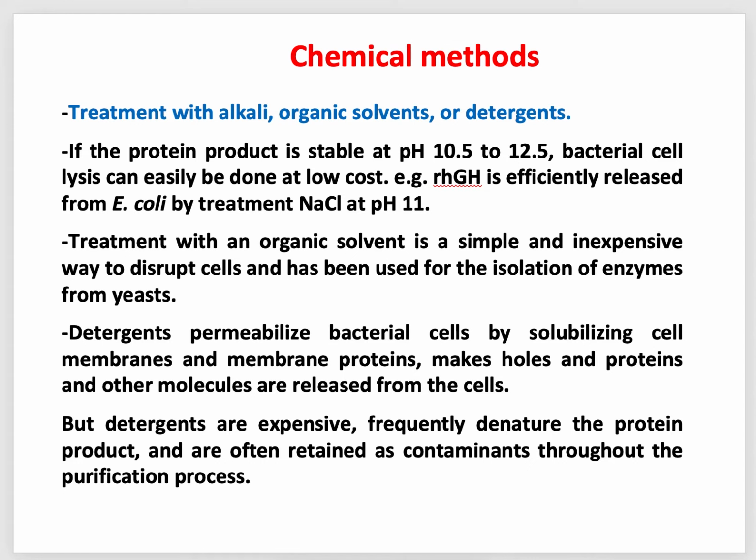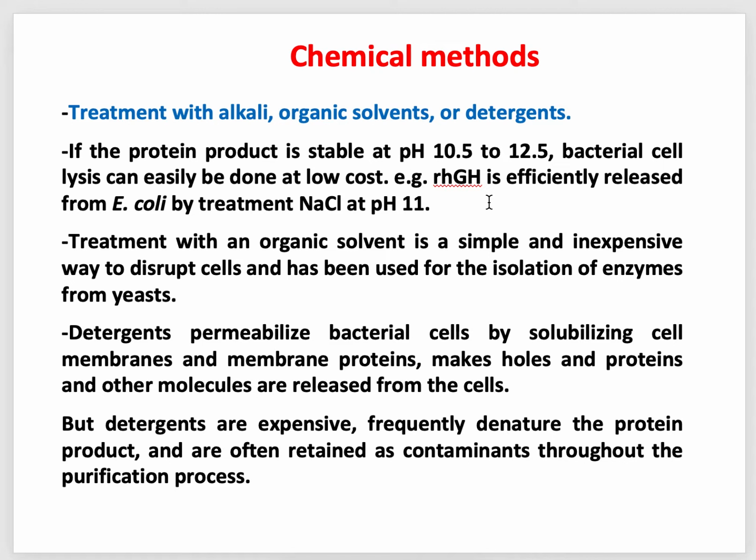Okay, so for example, if the protein product is stable at pH 10.5 to 12.5, in that case bacterial cell lysis can easily be done at low cost. For example, rhGH, recombinant human growth hormone, is efficiently released from E. coli by treatment with NaCl, sodium chloride, at pH 11.